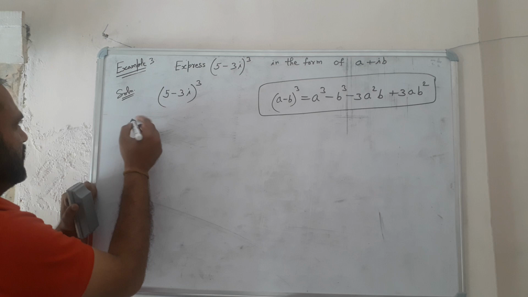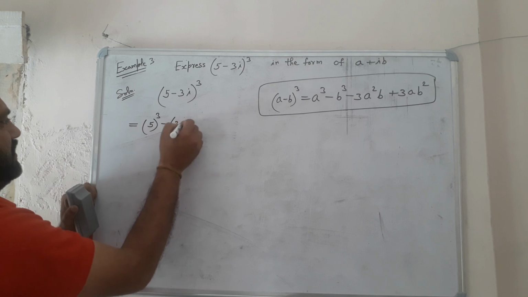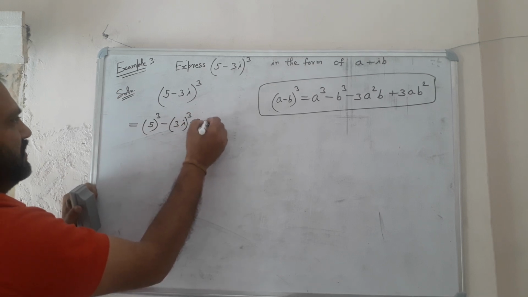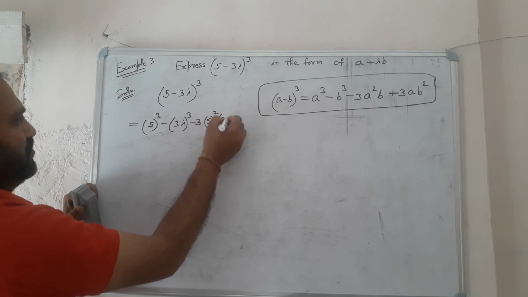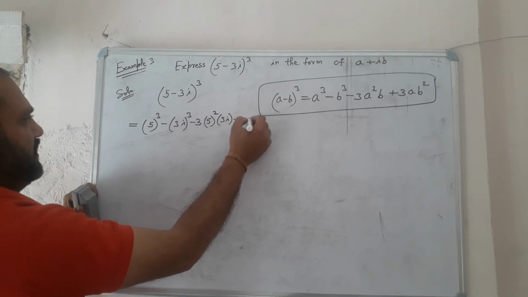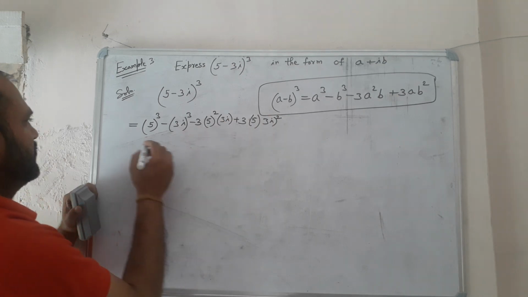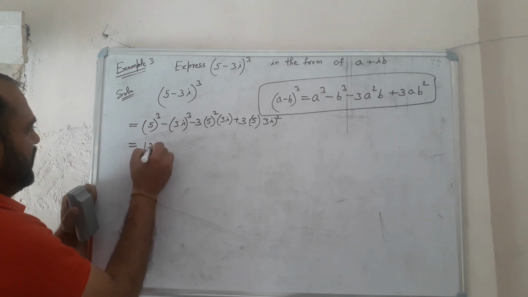So this is 5 cube minus 3 iota cube minus 3 into 5 square into 3 iota plus 3 into 5 into 3 iota square. So when you simplify, we get 125.